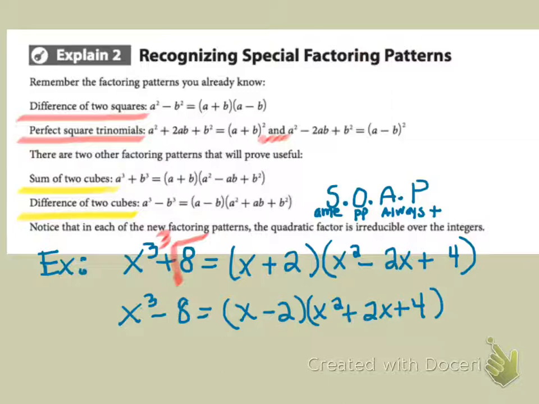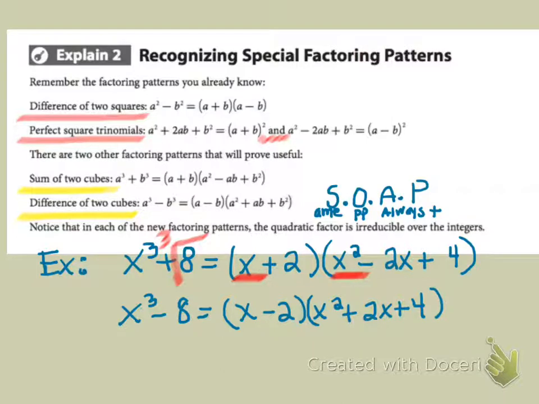So essentially, once you recognize that you have perfect cubes and they're either a sum or a difference, this is how the pattern works. You take the cube root of the two terms to find your binomial. You take that binomial and you square the first term to get the first term of the trinomial.